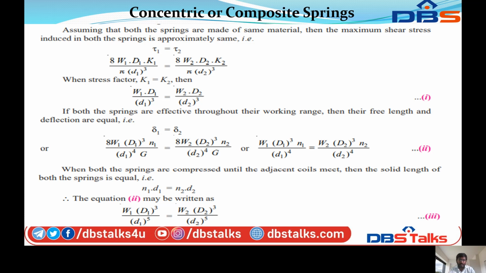If both springs are effective throughout their working range, then the free length and deflection are equal.